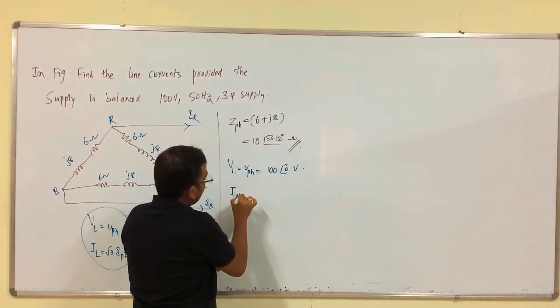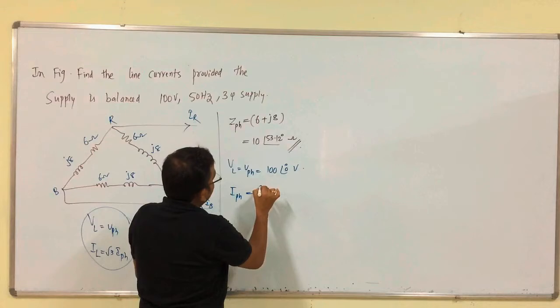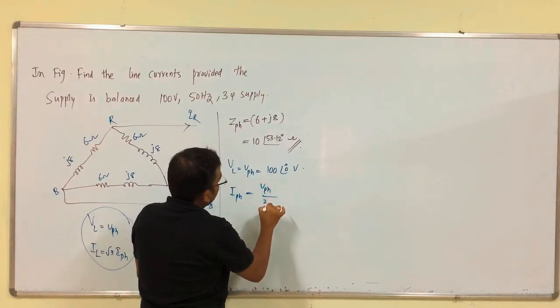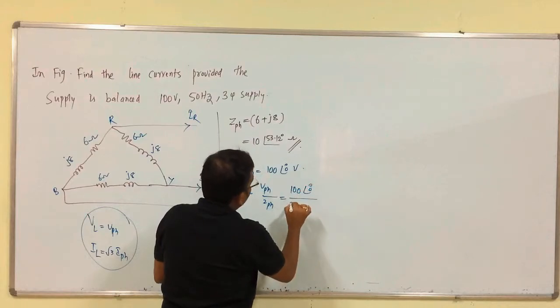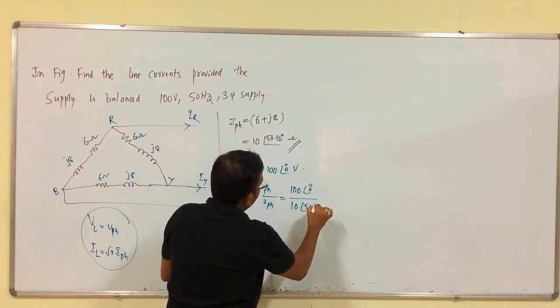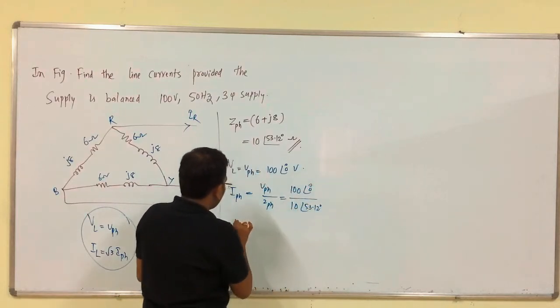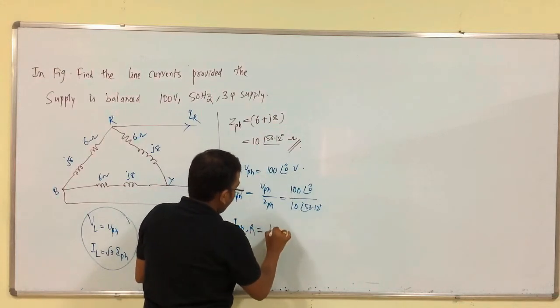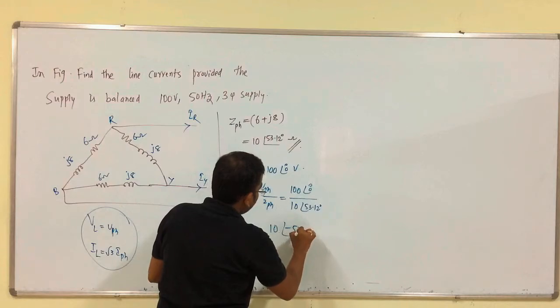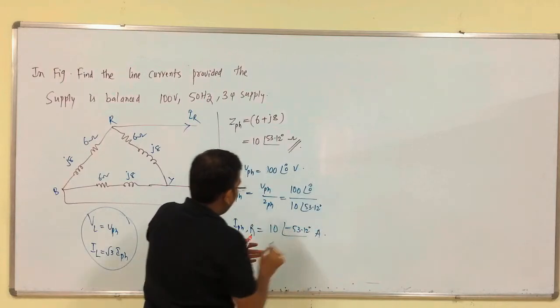Therefore, I phase equals V phase by Z phase, which equals 100 at an angle 0 by 10 at an angle 53.12, so I phase of R equals 10 at an angle minus 53.12 amperes.